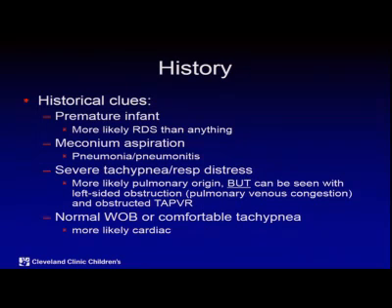However, just know that some cardiac lesions can produce respiratory distress, such as left-sided obstruction like hypoplastic left heart syndrome. Why? Because the blood cannot come out of the left heart, so you'll have pulmonary venous congestion, which will cause respiratory distress. This is also seen in total anomalous pulmonary venous return. But generally speaking, if they have respiratory distress, there's a pretty good chance of a pulmonary etiology.